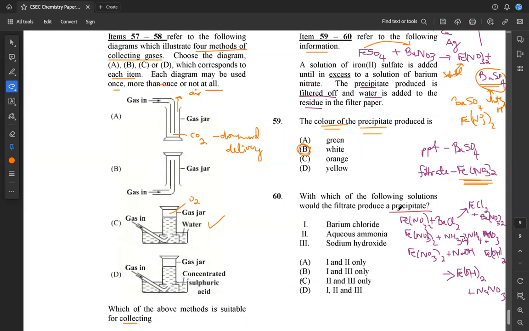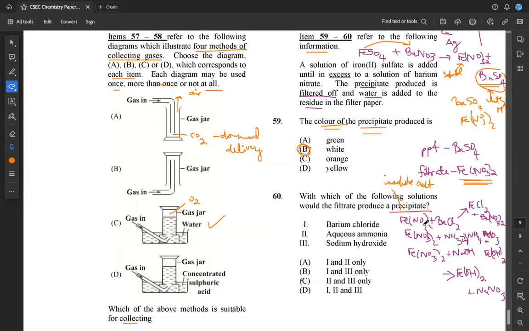It's important to remember that when we have a precipitate forming, it means that we're forming an insoluble salt. So when iron nitrate reacts with which one of these, will it form an insoluble salt? Is essentially what this question is asking us.